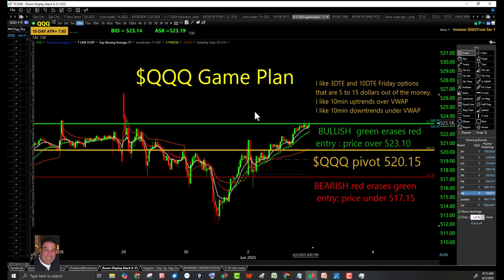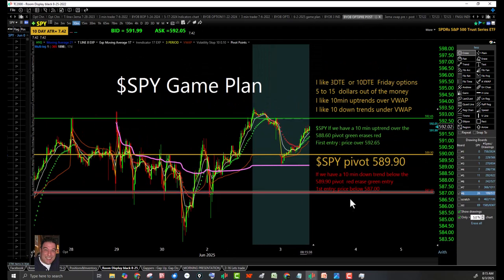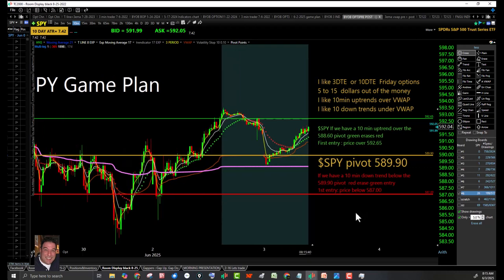Let's go back to SPY. And this time, we're going to put on the pre-market activity. Okay, so here's our pre-market activity. If we get a pullback to a higher low, in other words, if I see price take out this low, green erases red.